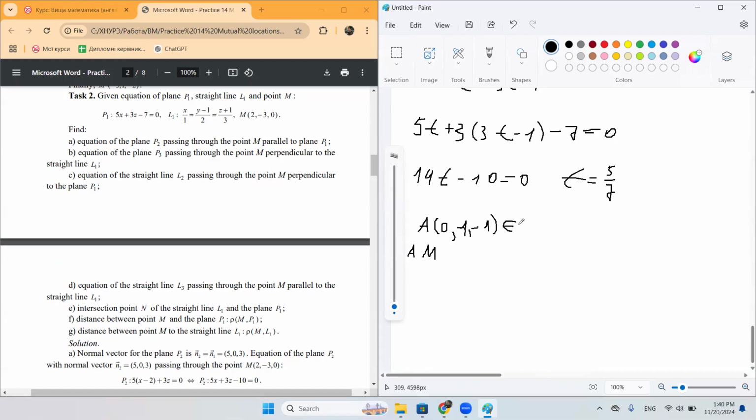And it belongs to L1. So coordinates of the vector are the following: 2, 4, minus 4, 2 minus 4, 1. Yeah, so now everything is correct.